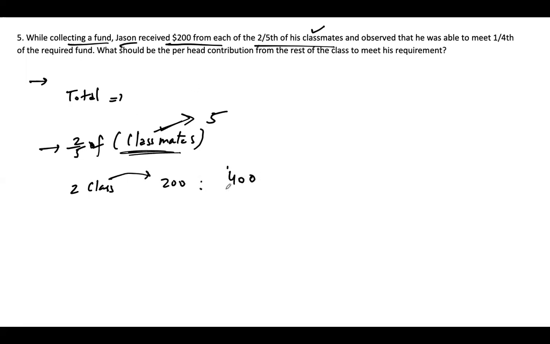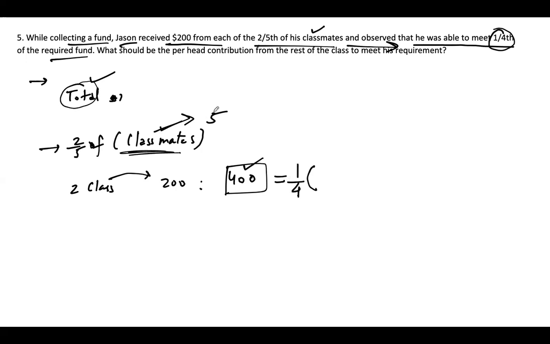$400. Okay. And he observed that he was able to meet 1/4 of the required fund. Let's say required fund is total. So this 400 is nothing but 1/4. I've assumed this value is 5.